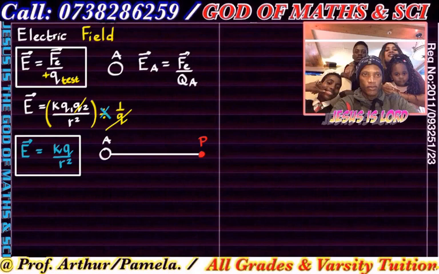Now they say, what is the electric field at P due to A, because of A? How much warmth does P feel because of the Q? Can you see now? We are not saying what is the electric field by P. No. What P is feeling because of Q.